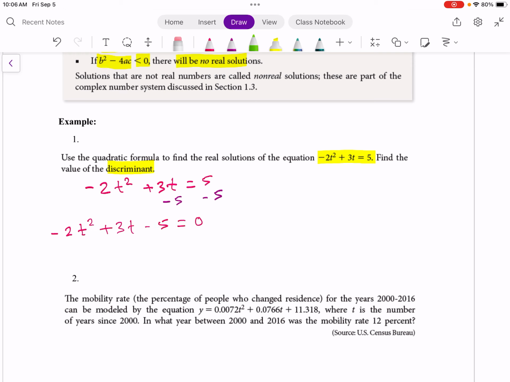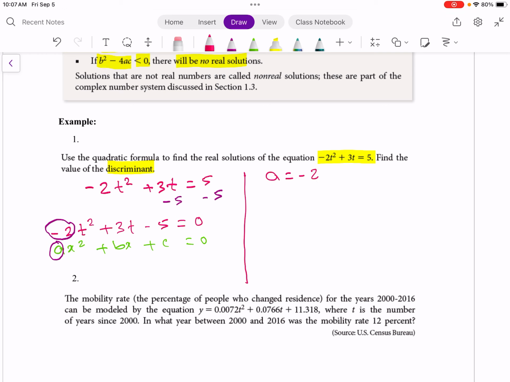We compare this equation with our standard equation, ax squared plus bx plus c equals 0. Now from comparison, what is the value of a? Our a is negative 2.